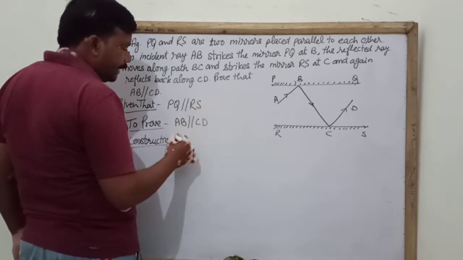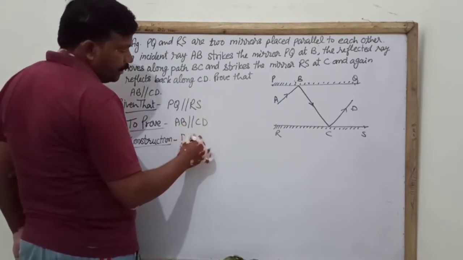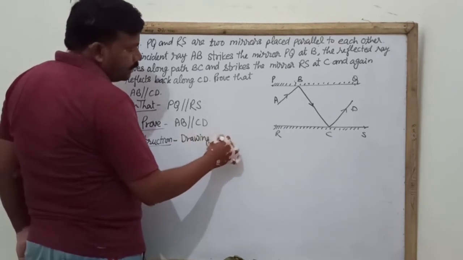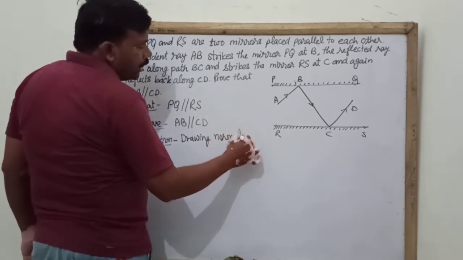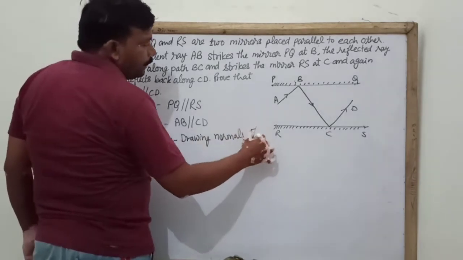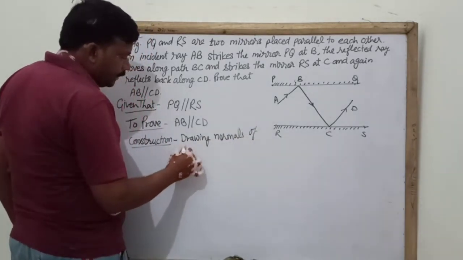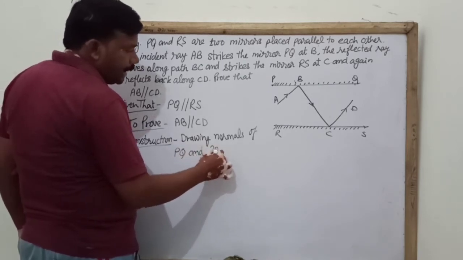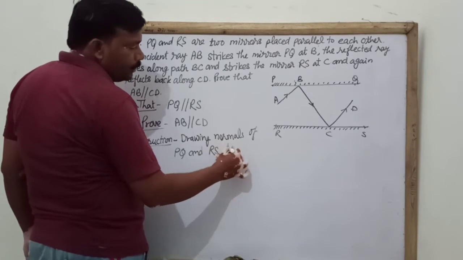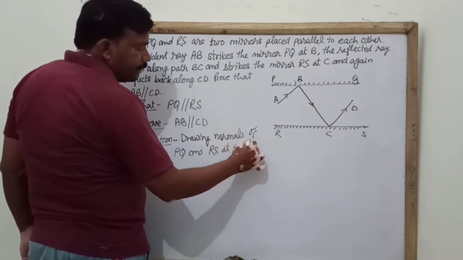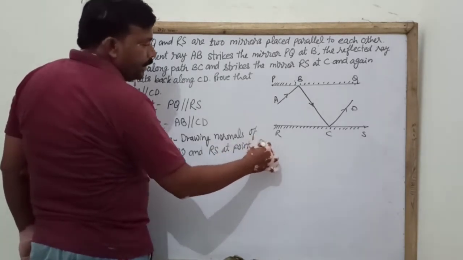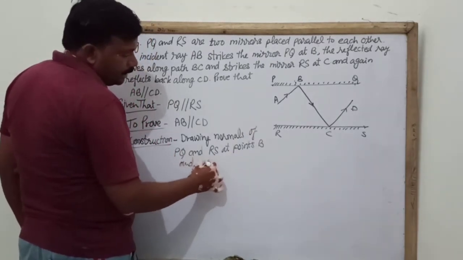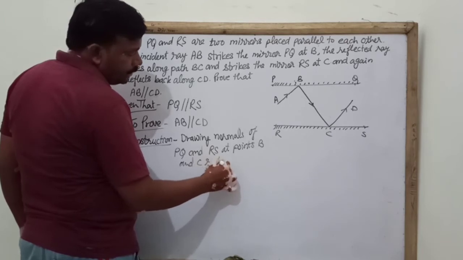We can write here that drawing normals of PQ and RS at points B and C respectively.